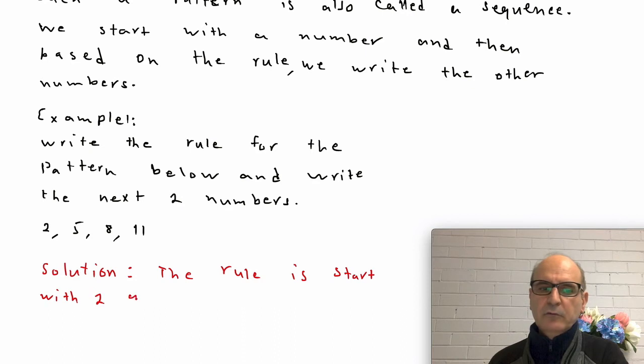Start with 2 and add 3. Okay, so basically we have 2, 5, 8, 11. You can see that by adding 3, we get to the next number in the pattern.